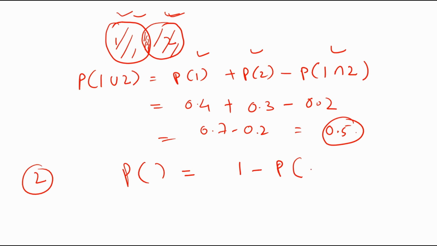So that means 1 minus the probability of 1 union 2, which is 1 minus 0.5, which is 0.5. So the probability that one would get the answers wrong is 0.5.